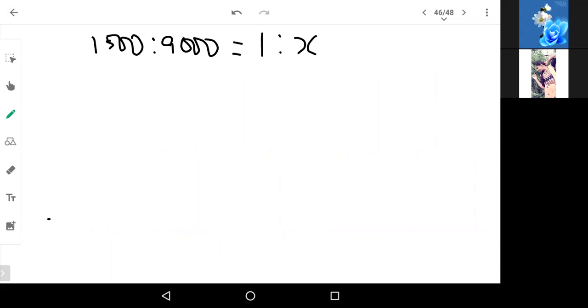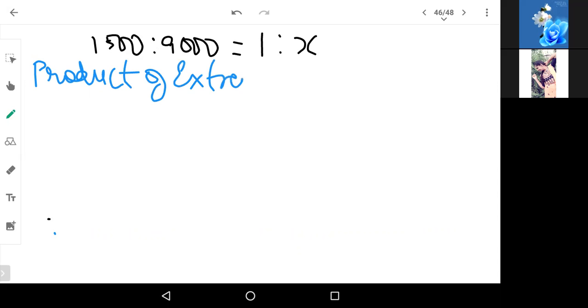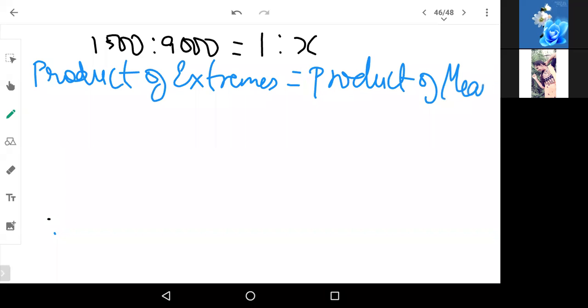Now you know how to solve this, right? We have to find the fourth proportion, so we will use the formula: product of extremes is equal to product of means. So 1500 into x is equal to 9000 into 1.